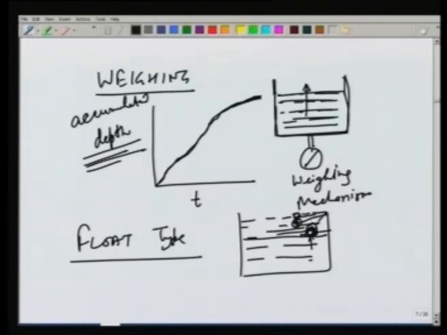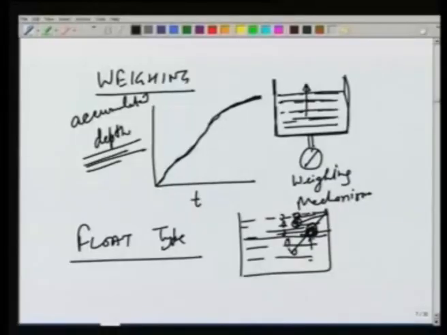So, the location of the float at different times will give us the time variation of accumulation of water inside the gauge, and it will give us again a continuous record. When the water reaches at the top, there is some mechanism which will siphon this water out, and then the float will again reset back to the bottom, and then will again increase with further rainfall.